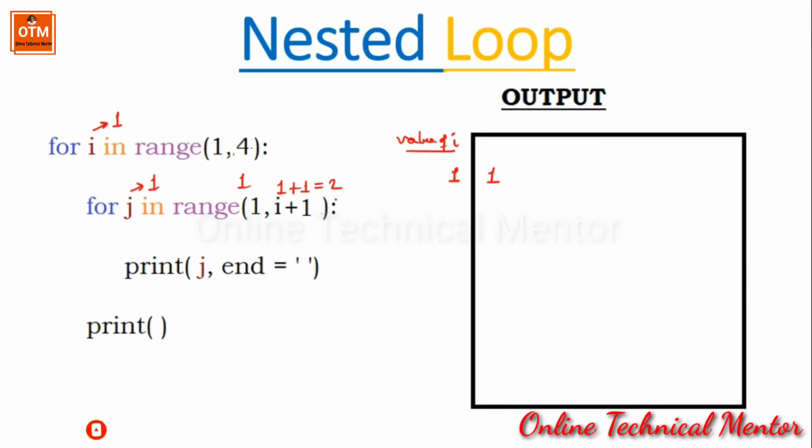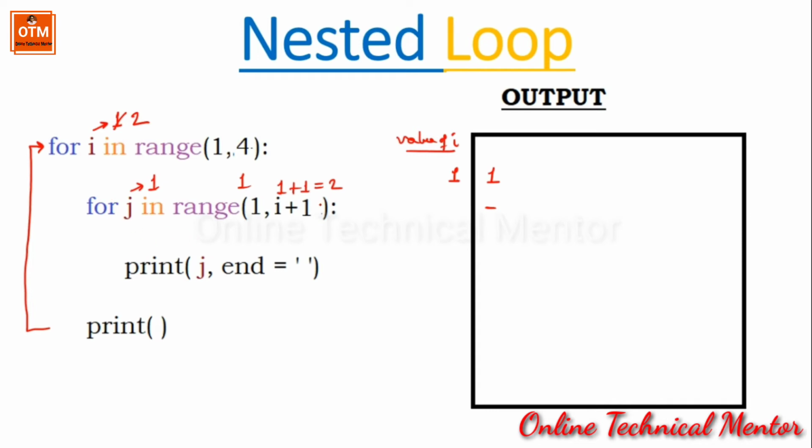This j loop will execute only one time. Now the control will come out from the j loop. Now it will encounter this print with empty brackets. That means the control will move to the next line. Now again the control moves back to the for i loop. This time the value of i will be 2. By taking i equal to 2, again it will enter into the loop.